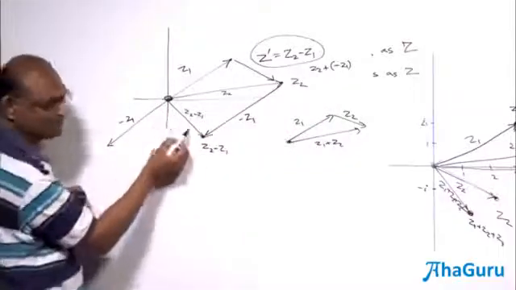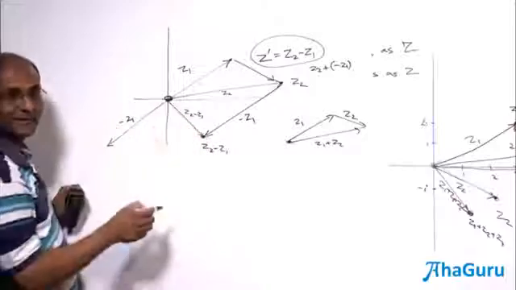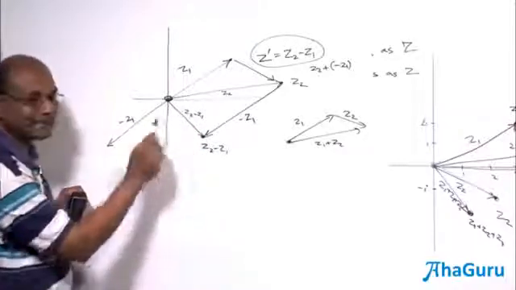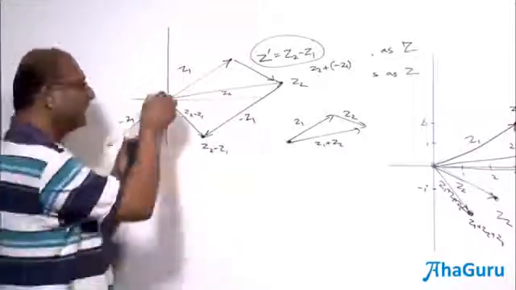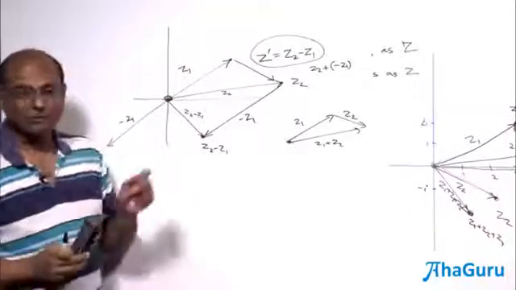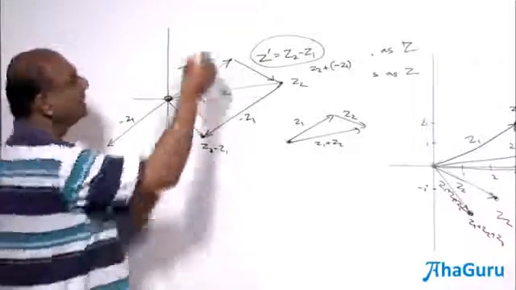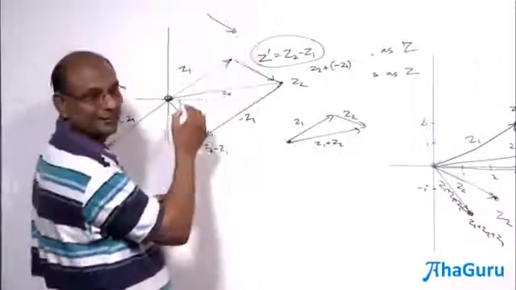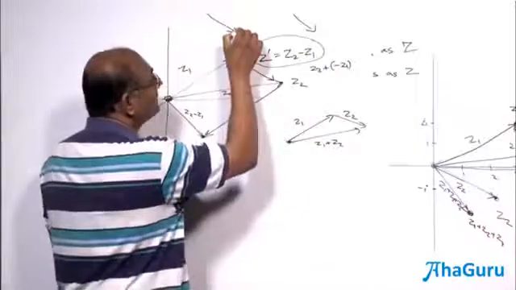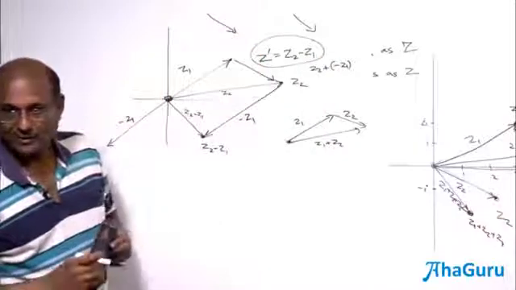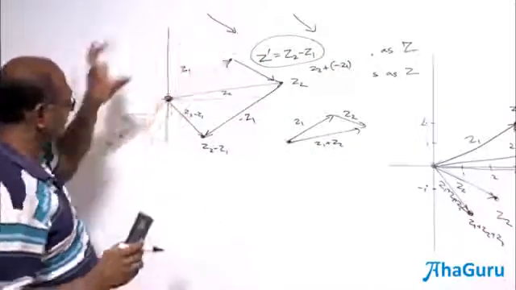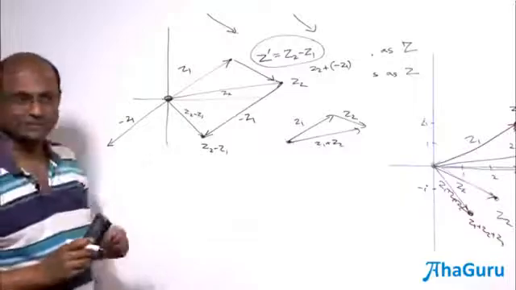So this is arrow Z2 minus Z1, point Z2 minus Z1. Arrows and points are the same only when the starting point is the origin. Otherwise you can have arrows everywhere. Even this can be called Z2 minus Z1. This is also Z2 minus Z1. But that point is not Z2 minus Z1. That point is Z2 minus Z1 only if this arrow starts at the origin.